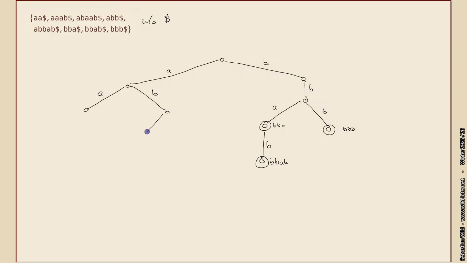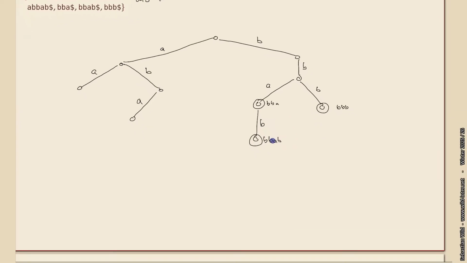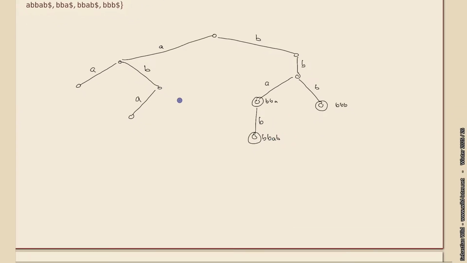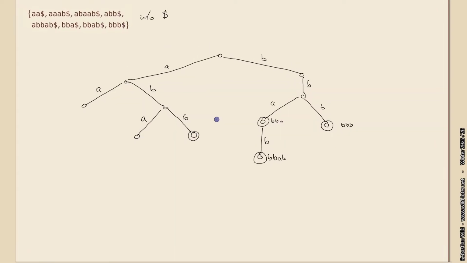That branch continues with an A and with a B. And this is accepting because there's A, B, B. That's one of the strings.